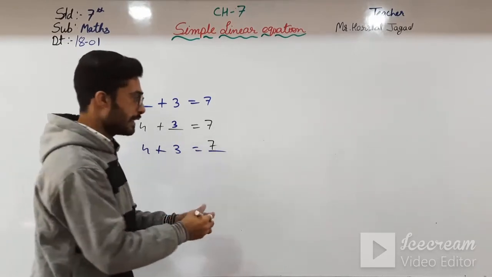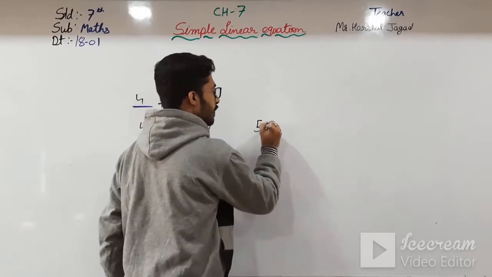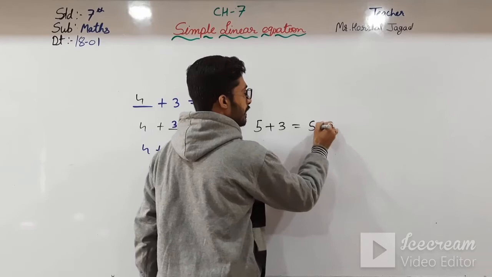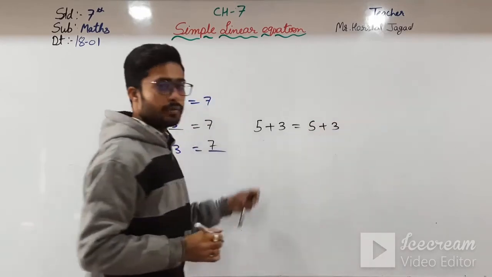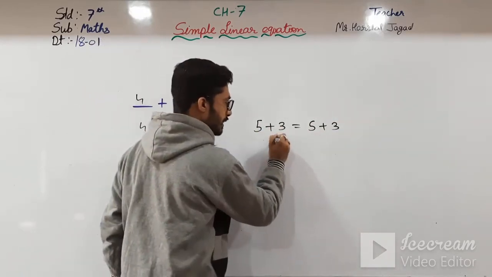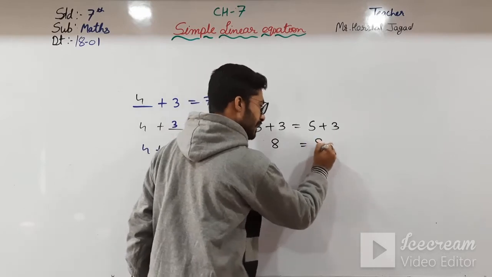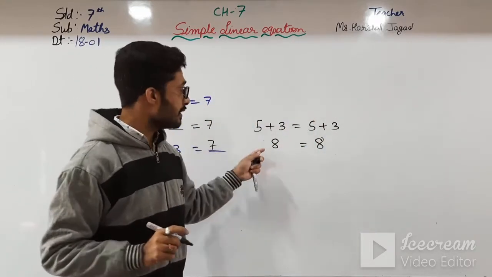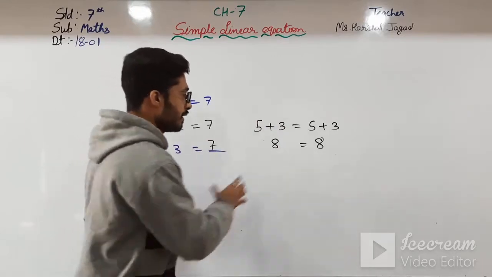If I say that 5 plus 3 is equal to 5 plus 3, then you know that 5 plus 3 is equal to 8, and 5 plus 3 is equal to 8 only, or 3 plus 5 is equal to 8. So this is a balanced equation, meaning the sum is the same.